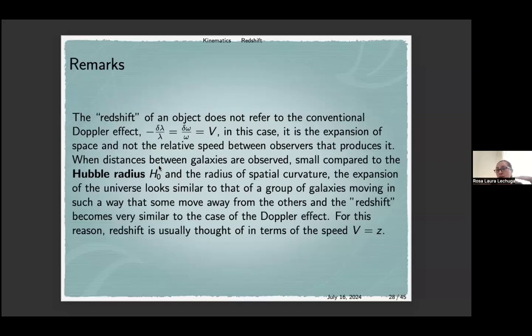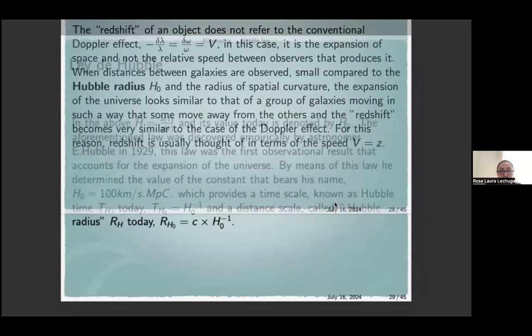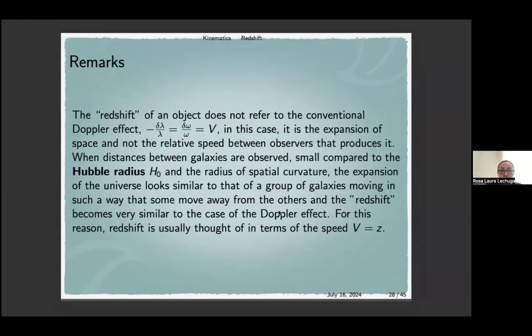So we can take as synonymous the cosmological redshift and the velocity redshift, or the Doppler effect. If there are many questions about that, we can discuss later or now, as you prefer.